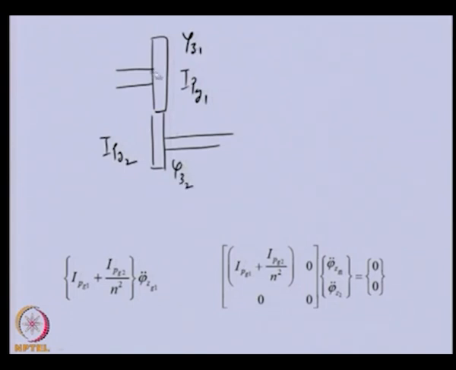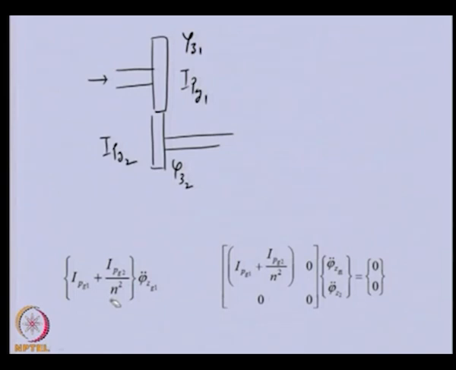So, corresponding to the speed of the input shaft, this moment of inertia can be replaced by an equivalent moment of inertia corresponding to the angular displacement at this node. You can see this is the polar moment of inertia of this gear, and this is the equivalent polar moment of inertia of the second gear corresponding to the angular displacement here.